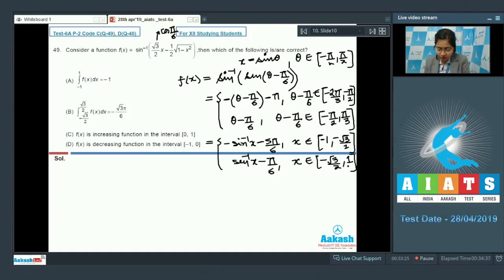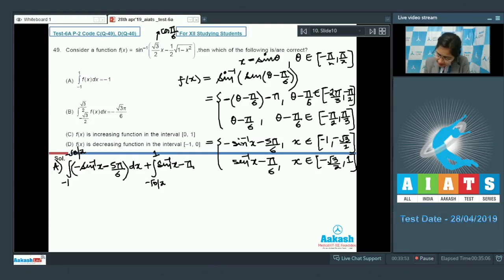Now let us solve option by option. Option number A, we have to find the integral from minus 1 to 1. So integral from minus 1 to minus root 3 by 2, we have (minus sine inverse x minus 5 pi by 6) dx, plus from minus root 3 by 2 up till 1, we have (sine inverse x minus pi by 6) dx.